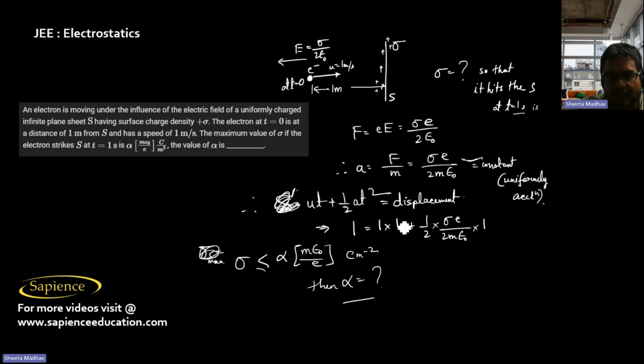So from here, if we cancel 1 and 1, then sigma e by 4 m epsilon naught should be equal to 0. So it means sigma should be equal to 0 into m epsilon naught by E. So alpha should be 0.